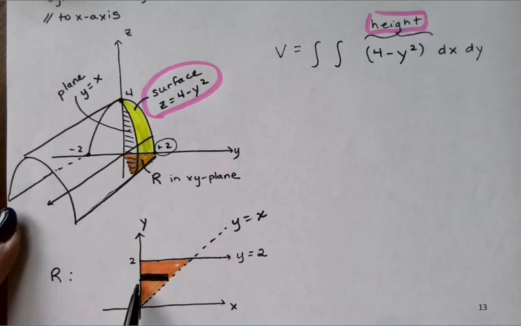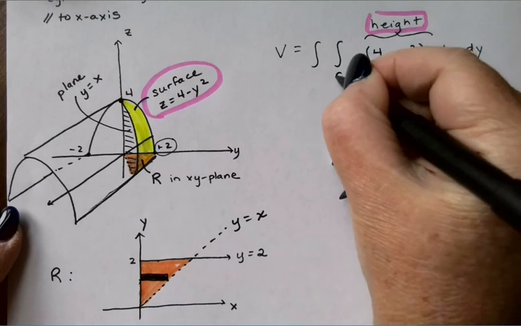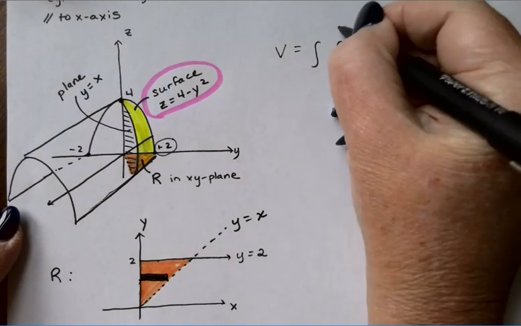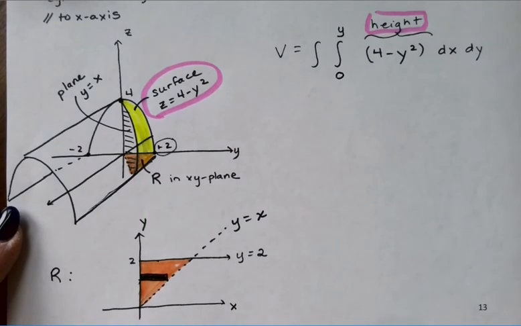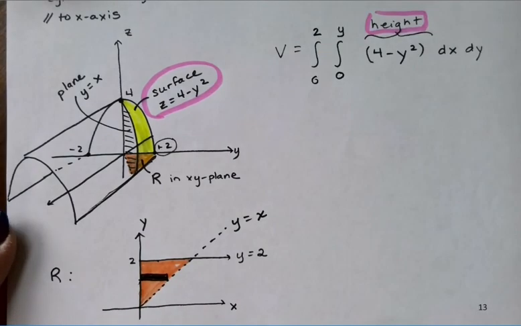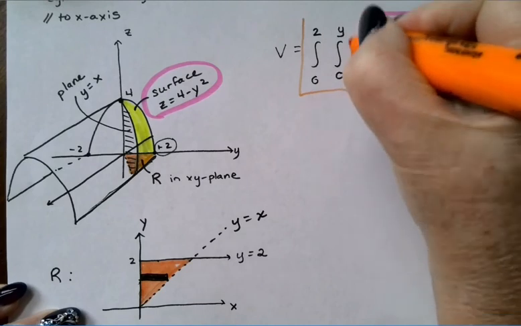And I'm going to notice that the x values from left to right go from x equals 0 over to this line where x equals y. And then for my y limits, 0 to 2. Okay. So always using R to determine your limits of integration.